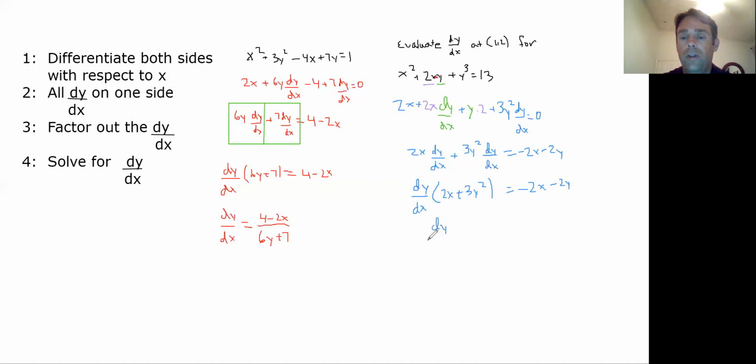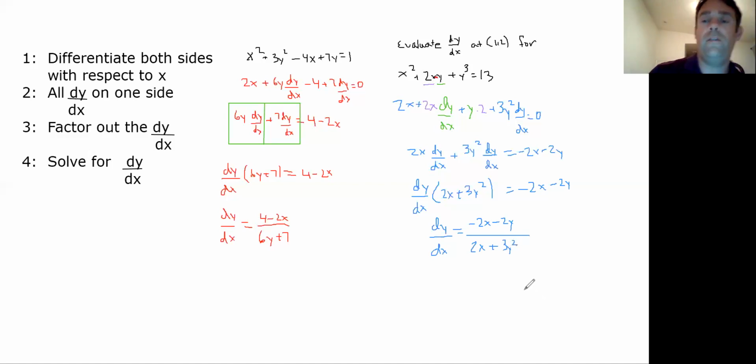So dy over dx equals, friends, negative 2x minus 2y all over 2x plus 3y squared. So we have our expression.